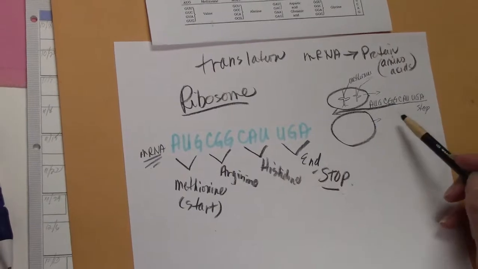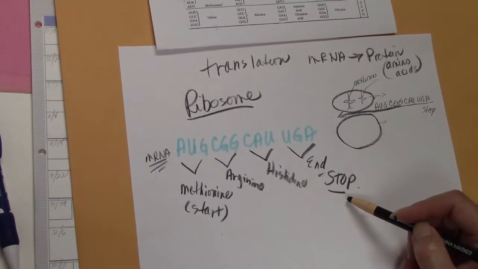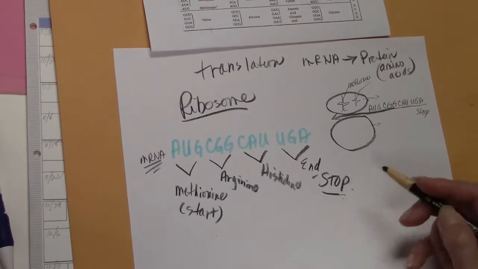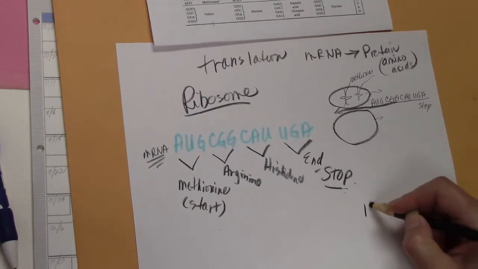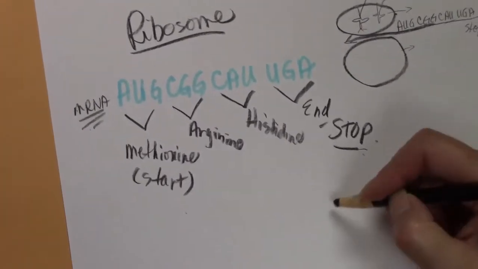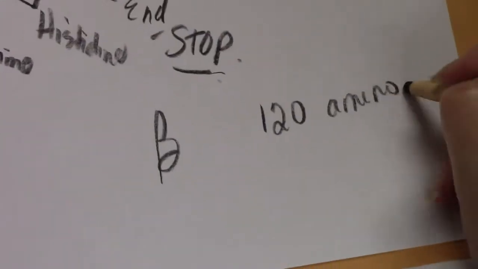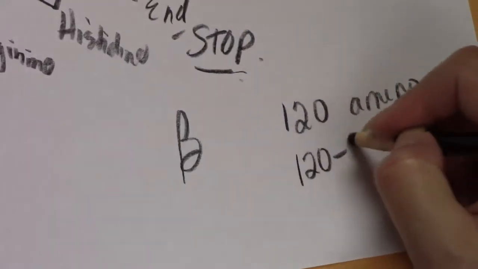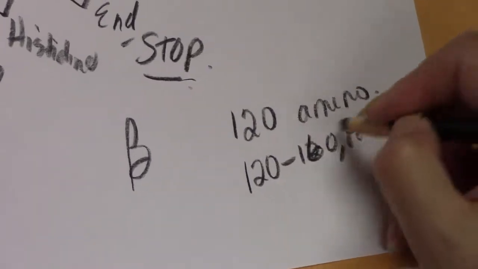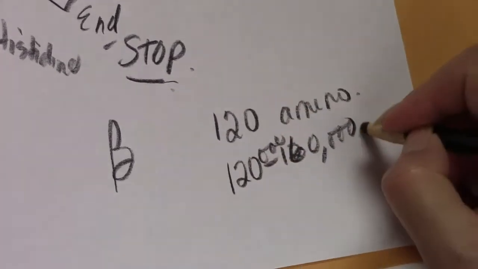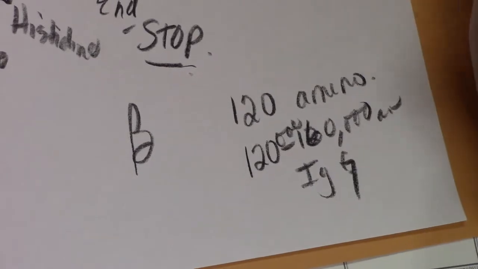With this particular strand, you have methionine, arginine, histidine, and an end codon or a stop for this particular small protein that we made. The smallest proteins in nature, the beta globins, are about 120 amino acids, and some of the largest ones are about 120 to 160,000 amino acids, and these are your gamma globulins, and also egg albumin.